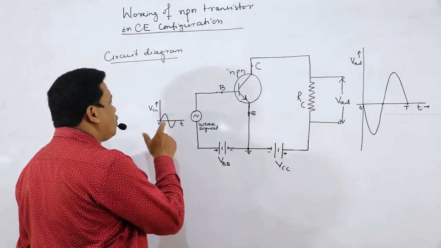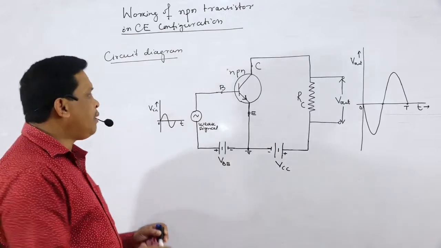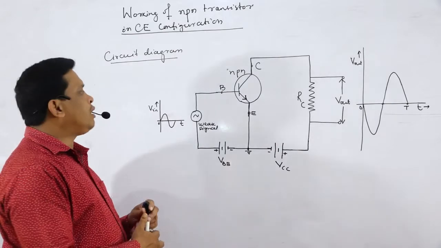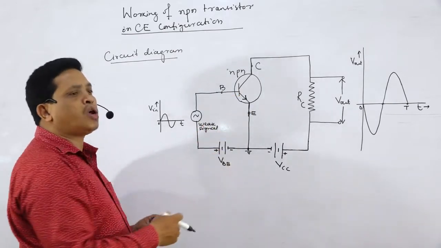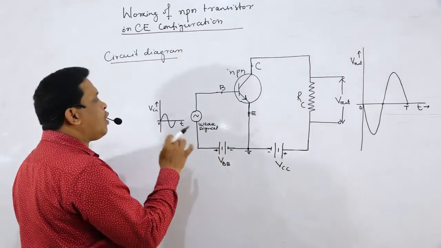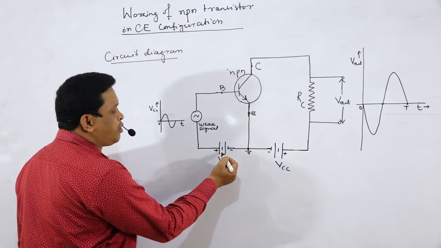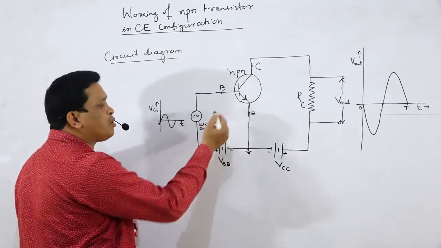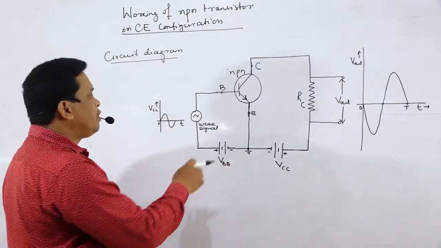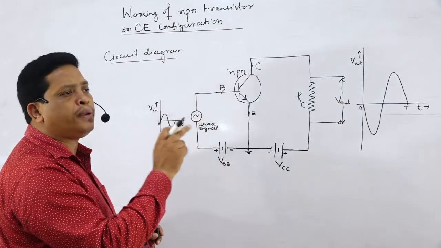Now this is the weak signal which we have to amplify, which we have to enlarge, by the help of this circuit. Okay, now let us see how it works. Look here, because of this input battery, there is an input DC current, due to the flow of electrons in the emitter section.